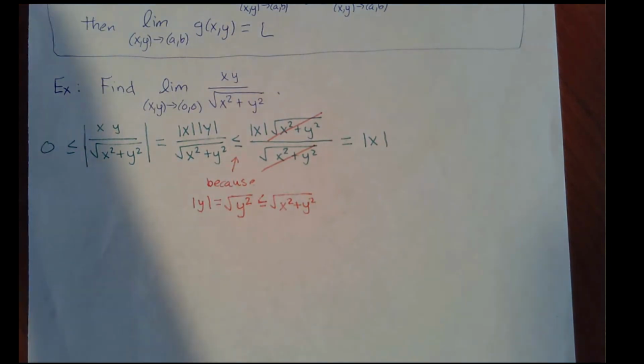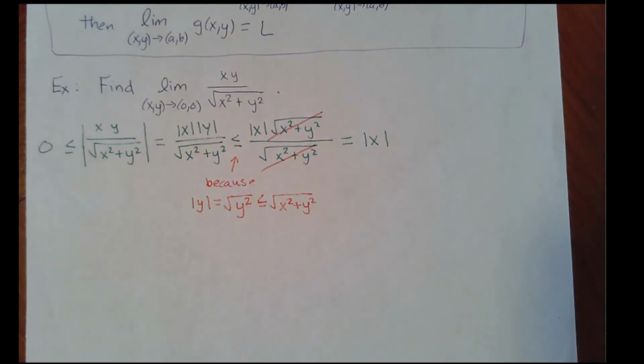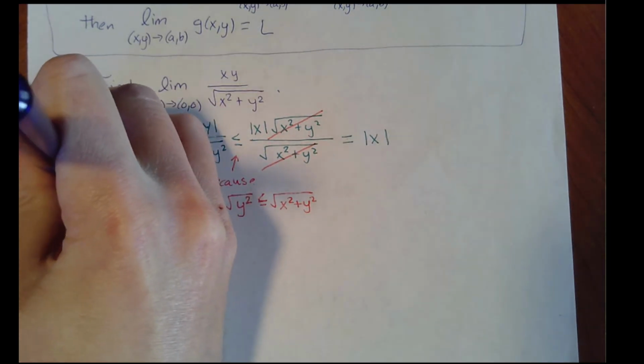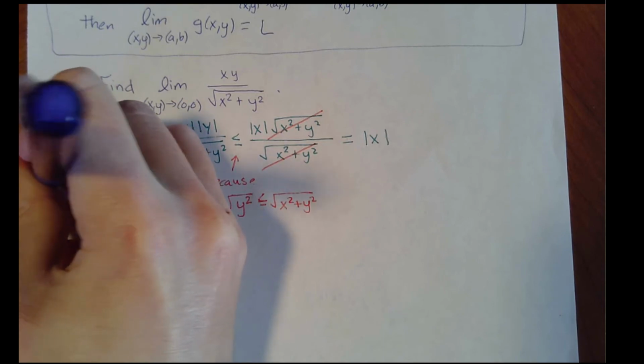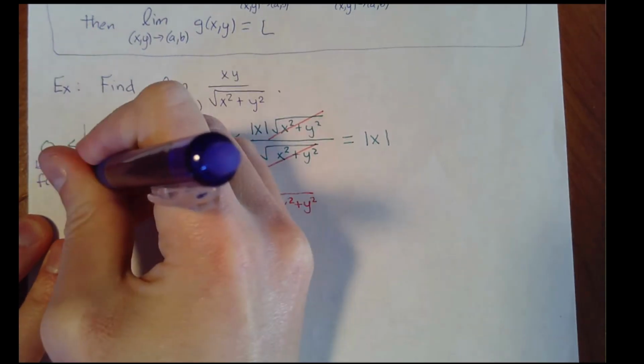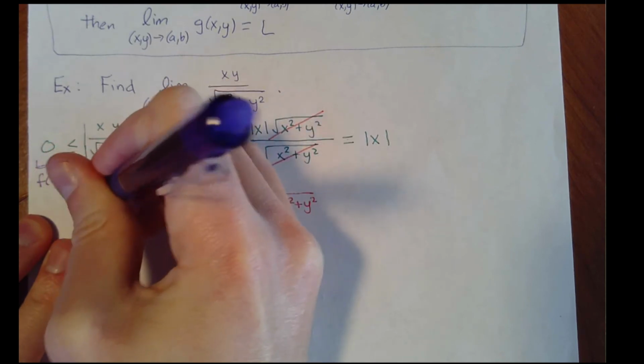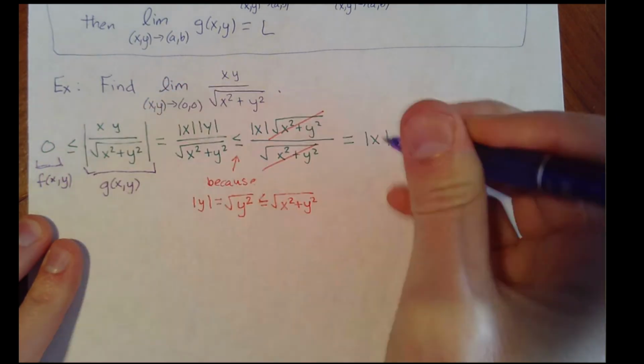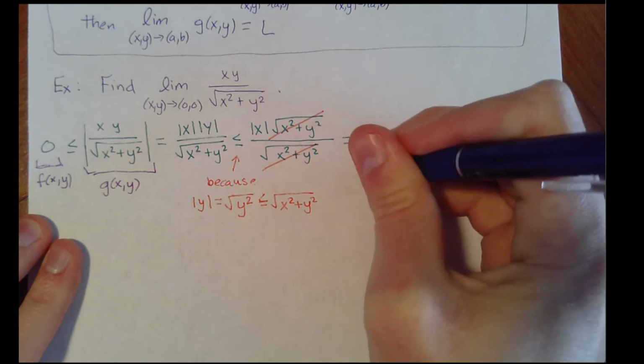So for my squeeze theorem, this is like my f of xy, this is my middle function, my g of xy, and this is my upper function, my h of xy.